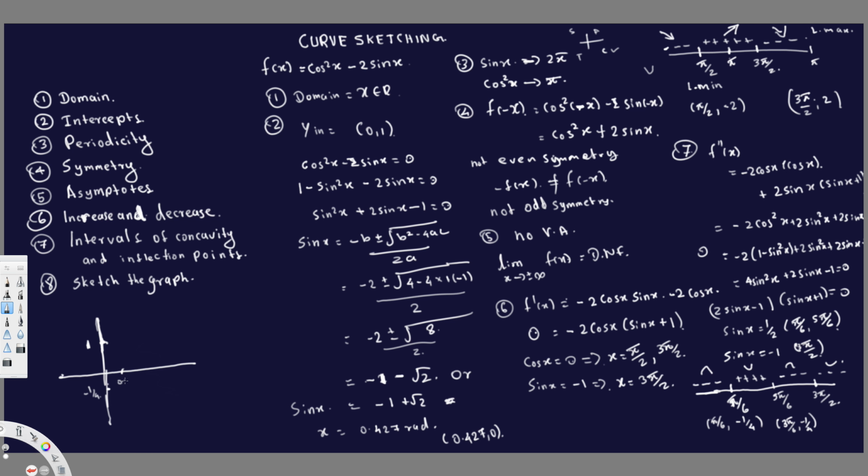It's decreasing, because we know that it's decreasing until π by 2, and after that it starts to increase.